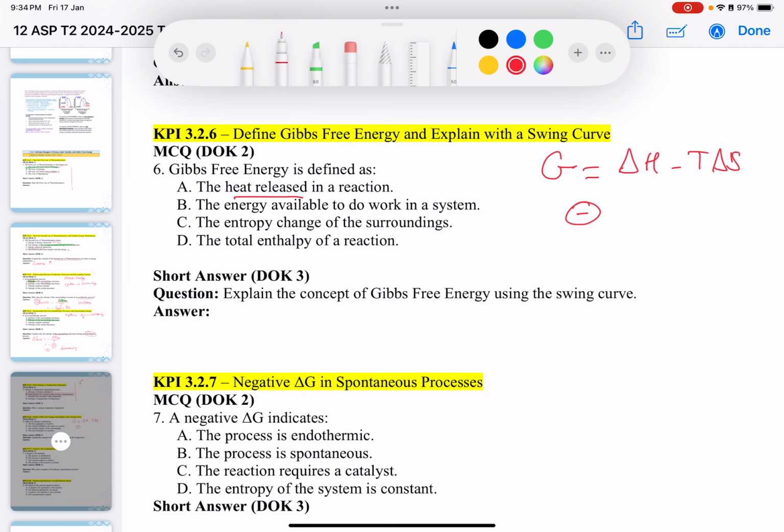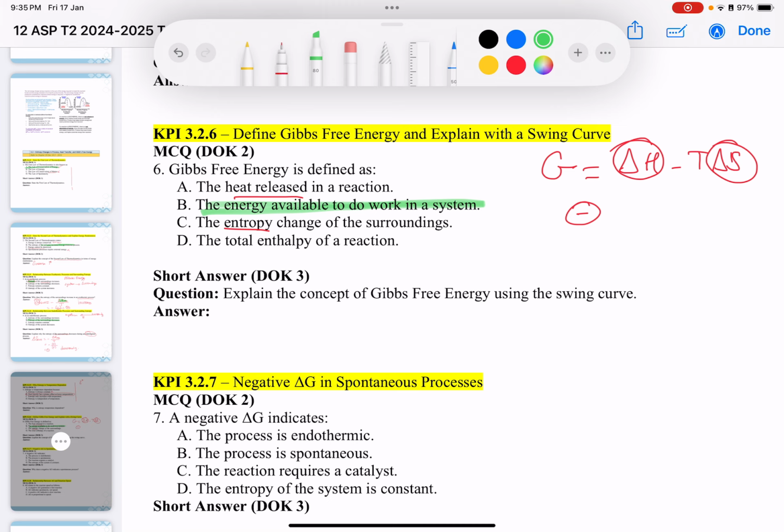It's not the heat, because heat is the enthalpy, and it's not the entropy. It's the energy available to start the reaction, to do work in a system which is a reaction. And that's why we use the word spontaneous.